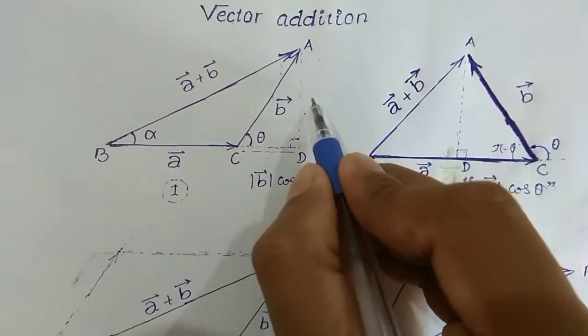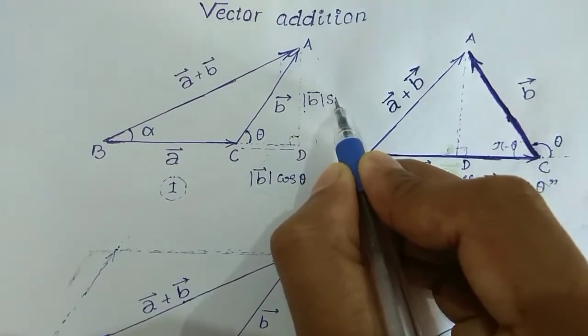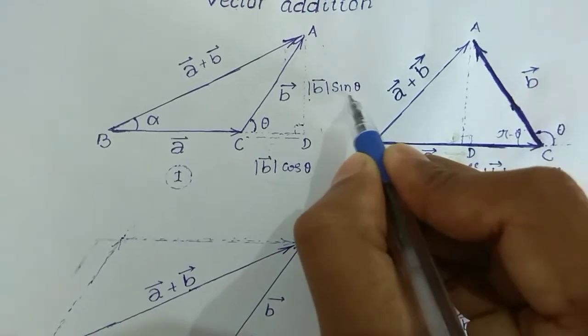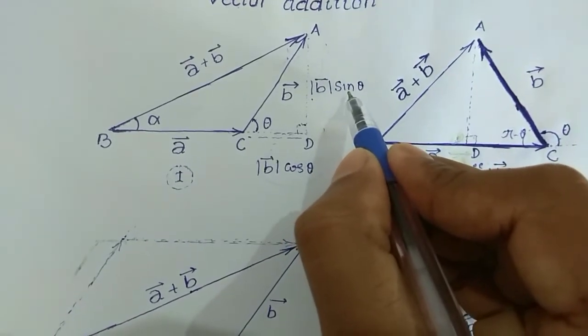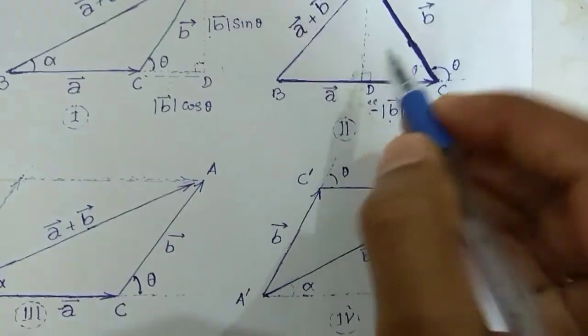This AD will be actually nothing but modulus of B and sine of theta. Here theta is acute, so this will be positive. In this case, this will be AD.